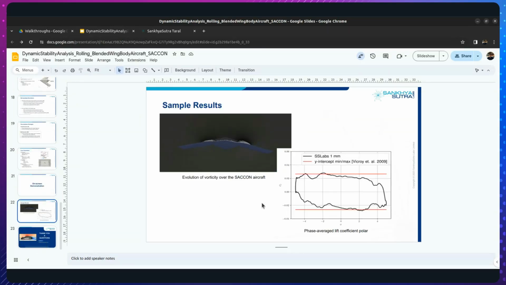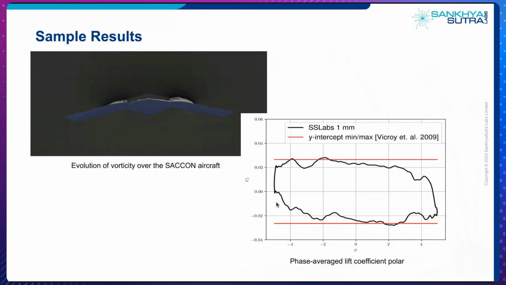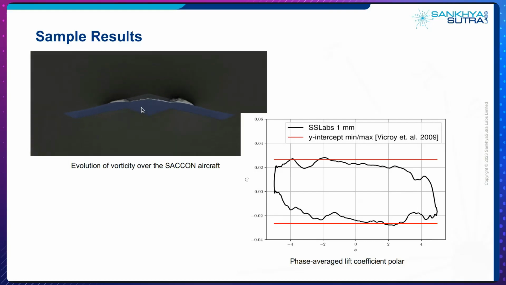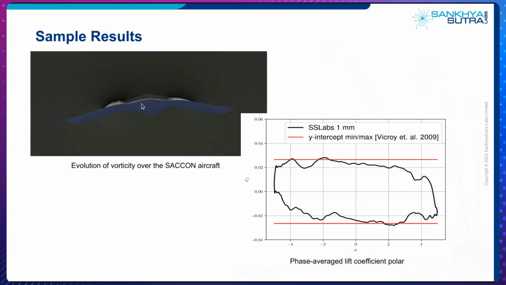Some of the outputs that you will use for your dynamic stability analysis will be the force and moment coefficients. What you're seeing here is some sample data that we've extracted from our previous SACCON simulation. You see that we are visualizing the roll of the aircraft and the flow field that is developing over the aircraft.